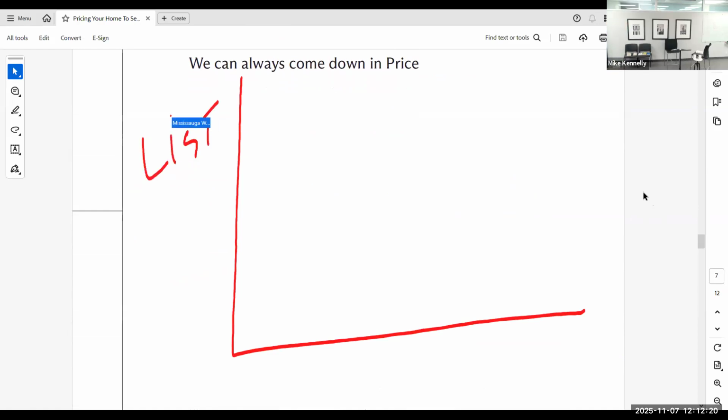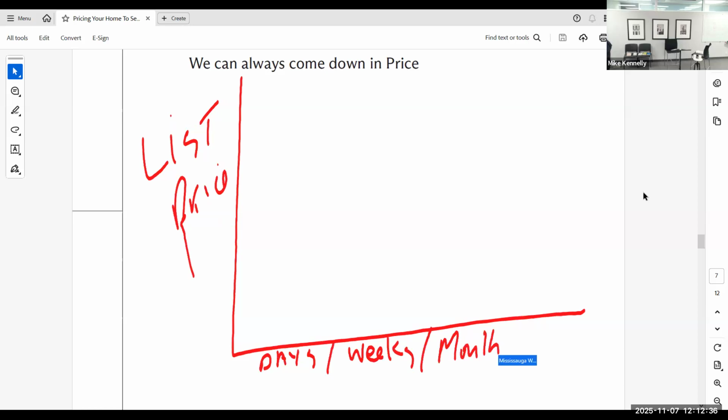So list price is on this axis. And this is going to be days, weeks, months. So this is a time axis, okay? Again, very simple stuff.